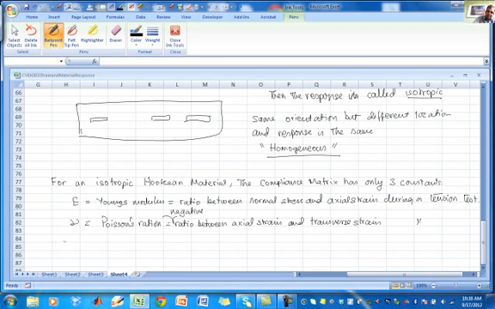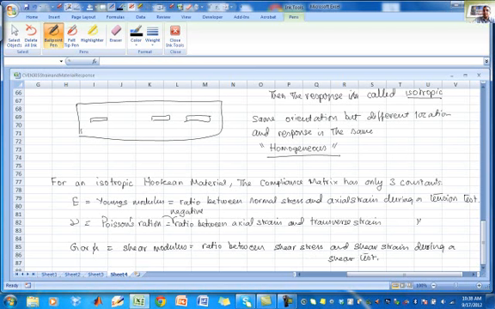So Young's modulus, Poisson's ratio, then we have G or mu, which is called shear modulus, which is the ratio between shear stress and shear strain during a shear test. This is a hard thing to do, I already told you.